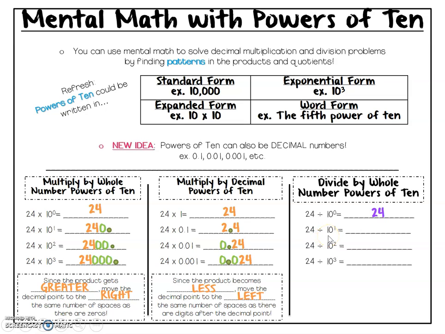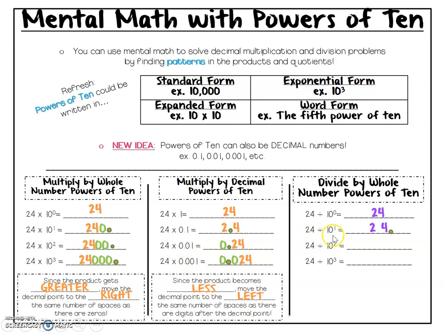Well, you can figure out and reason through that: if I'm dividing 24 by 10, my answer is going to become less. So if I have my decimal point at the end of my whole number, I know from my multiplying rules that when my answer becomes less, I need to shift the decimal point to the left. So we're going to find that dividing by whole number powers of 10 is exactly the same as multiplying by a decimal power of 10.